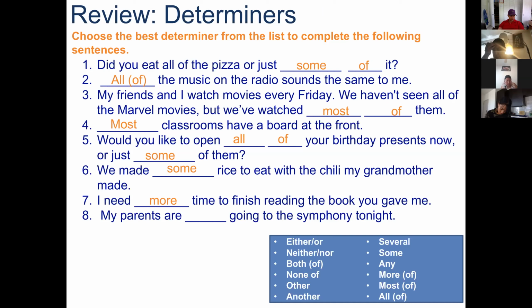My parents are... I think it's both. Yep, it is both.